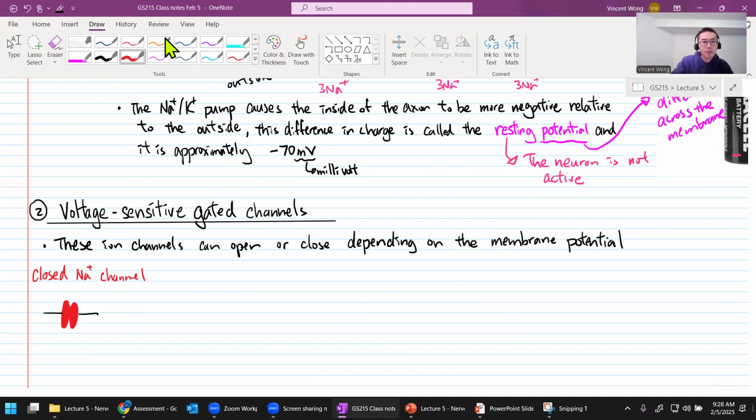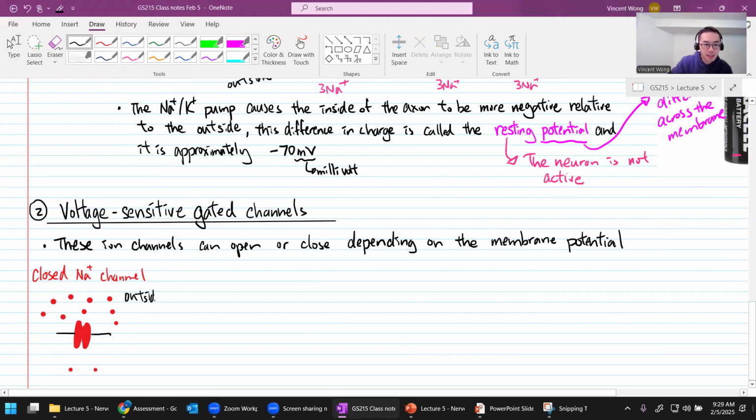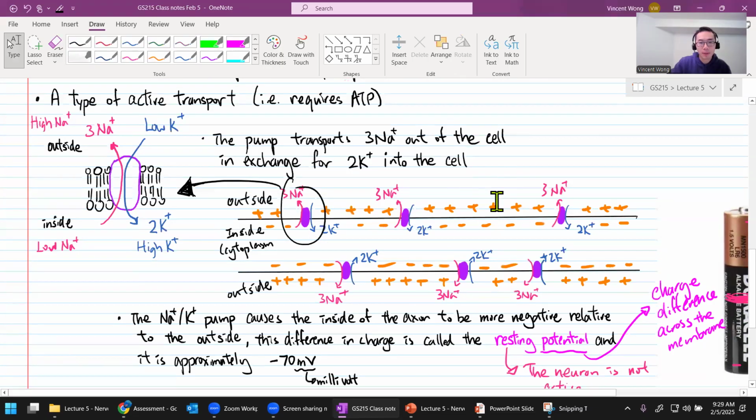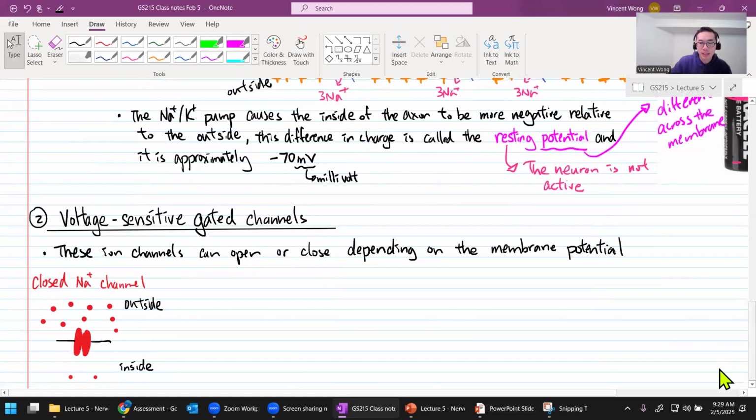Now, because of the sodium potassium pump, one more time, hold on. Because of the sodium potassium pump, you're going to have more sodium on the outside than the inside. Does that make sense? Think about what I just said. They keep pumping out the sodium, so you're going to have more sodium outside than inside.